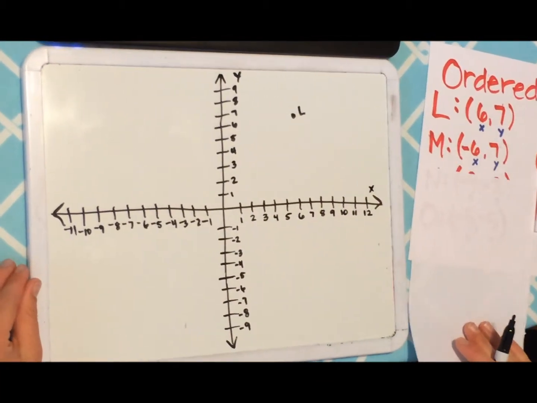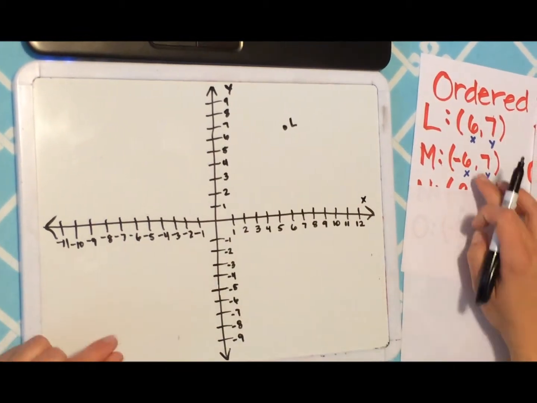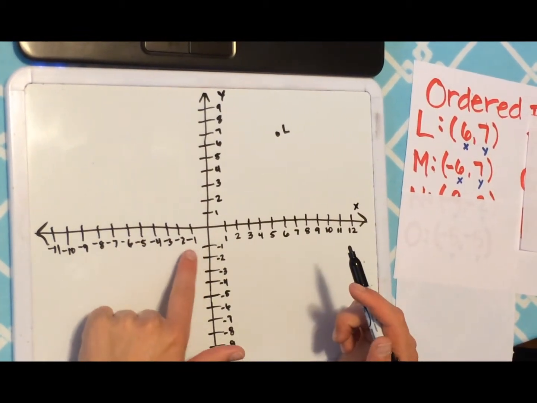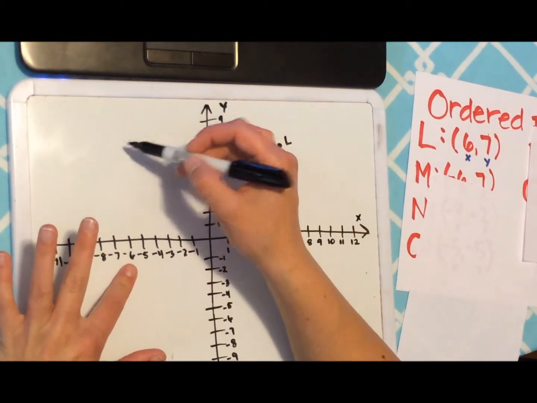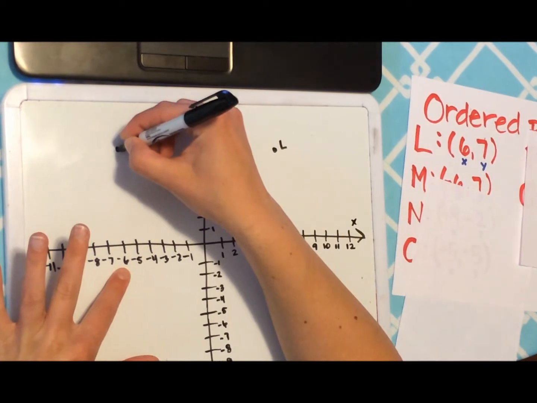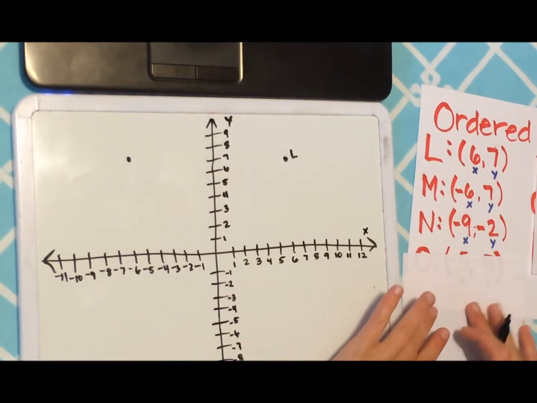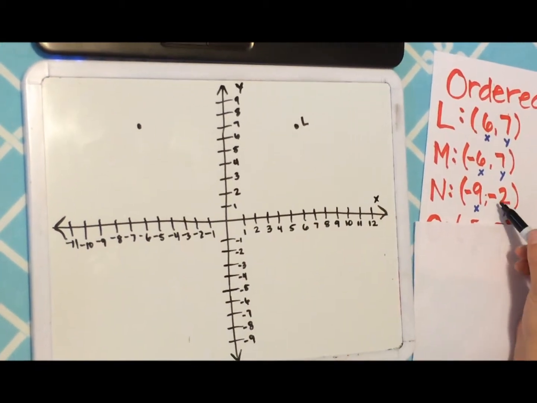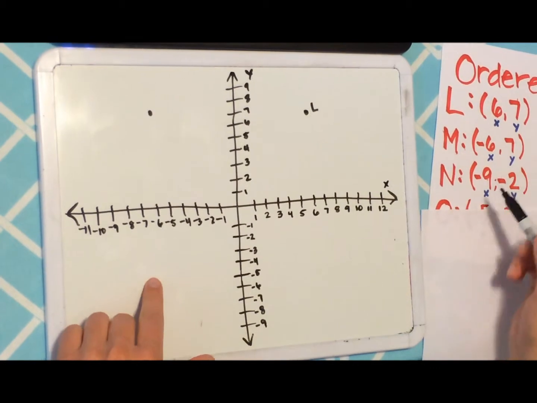Okay. Our second point is negative 6, positive 7. Because negative 6 is on the x, we go negative 6 and up 7. Our third point is negative 9, negative 2. Because they're both negatives, it's going to be in the third quadrant.